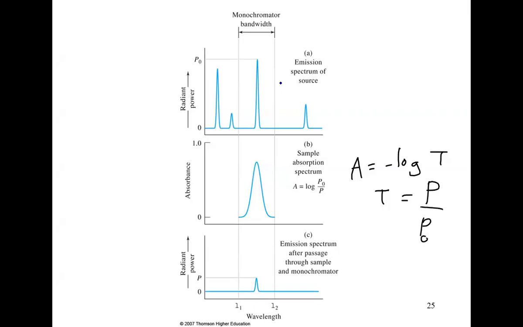So typically that's transmittance, and A is minus log T. If you flip it, then the negative doesn't have to be there, so A equals log P naught over P. Does that make sense? I mention this because this common equation will come again.